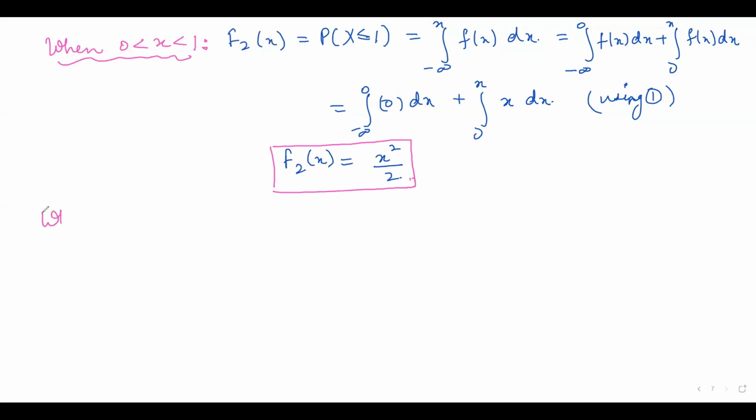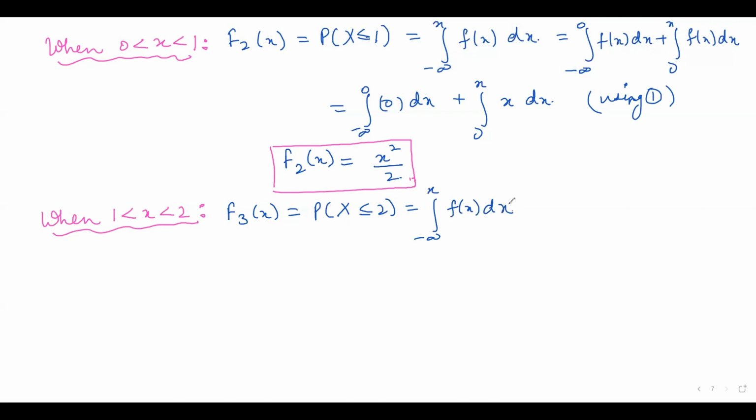Now, the next case, when x is lying between 1 to 2, so f3x would be p of x less than or equal to x. By definition, now we'll be splitting this as minus infinity to 0, then 0 to 1, and lastly, it would be 1 to x of fx dx.